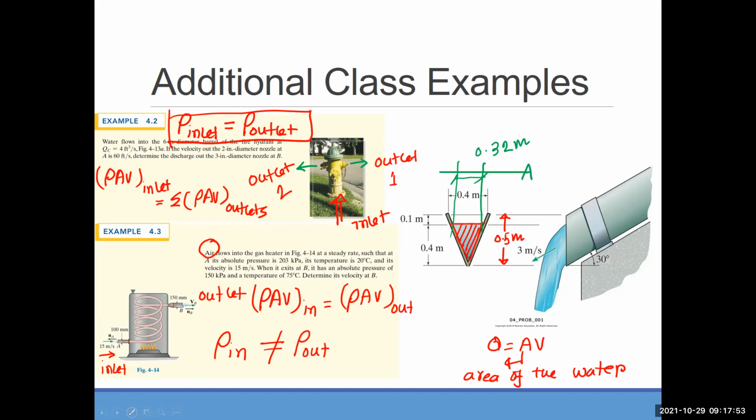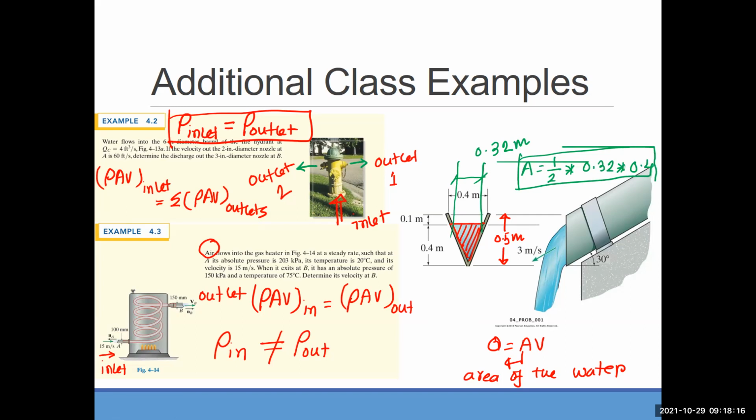So the area will be what for this one? Half times base times height should be what? 0.4 or 0.5? 0.4. Yes. So that is the only trick here, that you need to calculate the proper area.